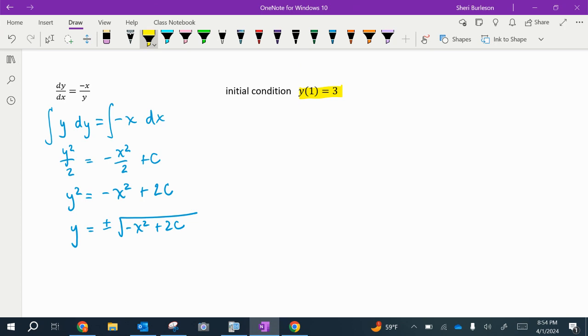My initial condition says that when x is 1, y must be positive 3, not plus or minus 3. So, because of the initial condition, we are only going to look at the positive square root due to the initial condition.